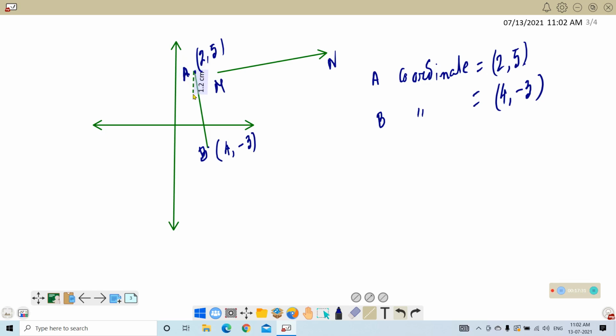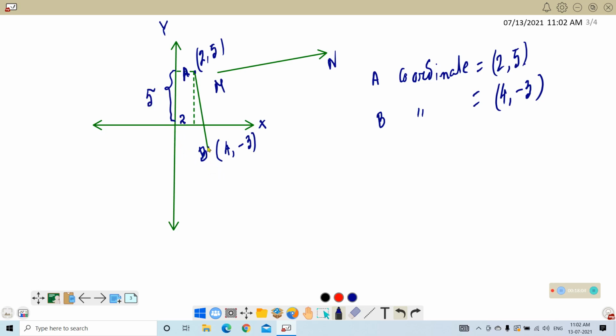We are drawing a perpendicular. And this is another perpendicular. One perpendicular on x-axis and other perpendicular on y-axis. This is x-axis and y-axis. So we can say from the coordinate of this point, this is 2 unit and this is 5 unit.